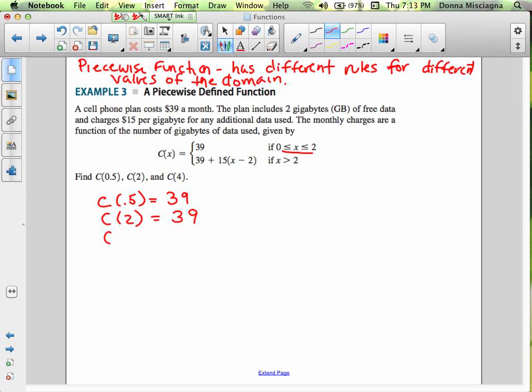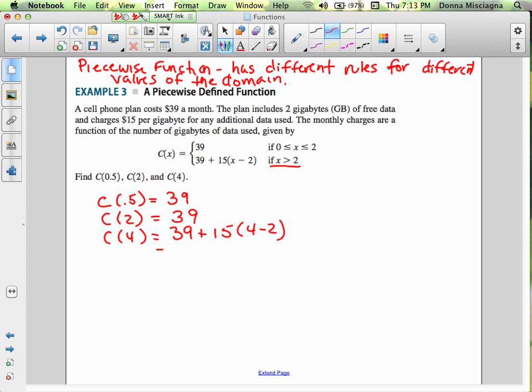But if we used 4 gigabytes of data, now we are no longer staying where we were supposed to stay. We went over the 2 gigabytes of data. So we're going to have to pay 39 plus 15 times 4 minus 2.